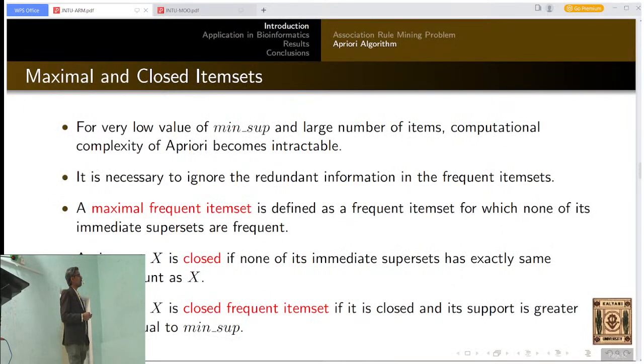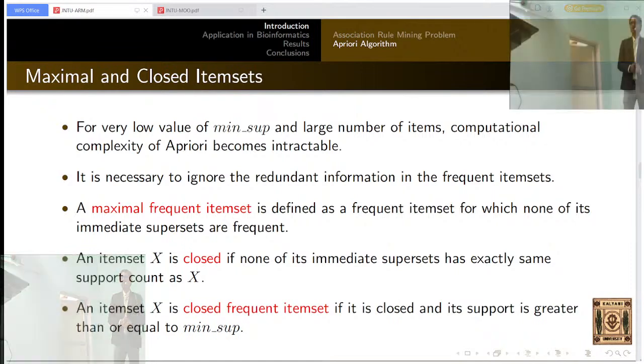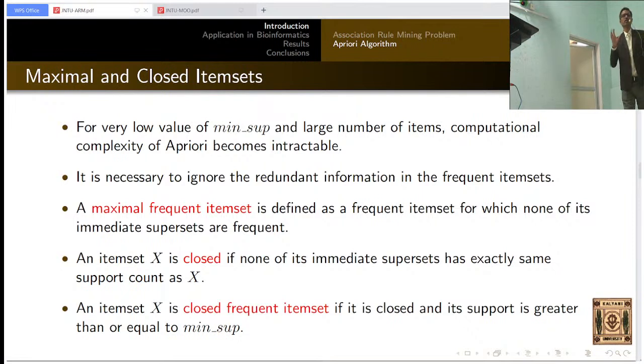So now a little bit more terminology. Even if we are discarding so many rules, we still have too many rules from the whole data set. So there are some approaches which give a condensed representation of the rules.